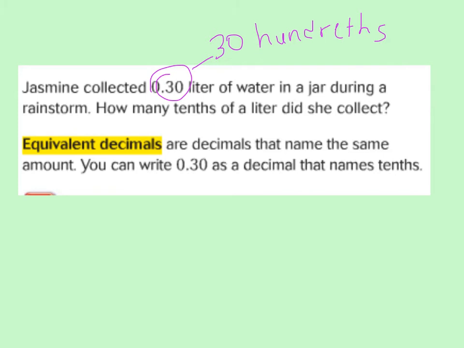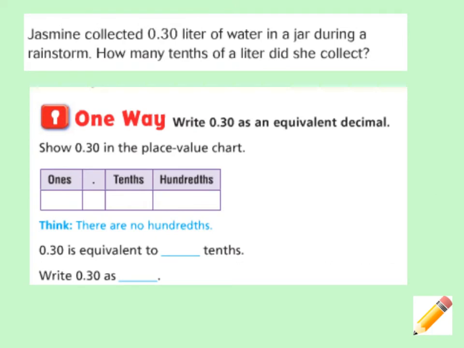So now we have to look at equivalent decimals, or decimals that name the same amount. You can write 30 hundredths as a decimal that names the tenths. We're going to write 30 hundredths as an equivalent decimal, and show it in the place value chart. So we're thinking there are no hundredths.